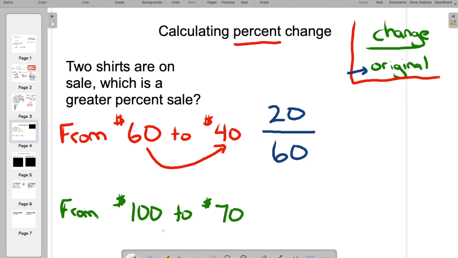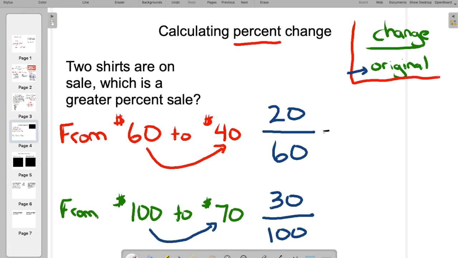The number below, or the sale below, the change is $30, and then the original is 100 because it's from 100 to 70. From here, we're actually doing something that we've done a lot of, but you may not have recently, which is converting a fraction to a percent.